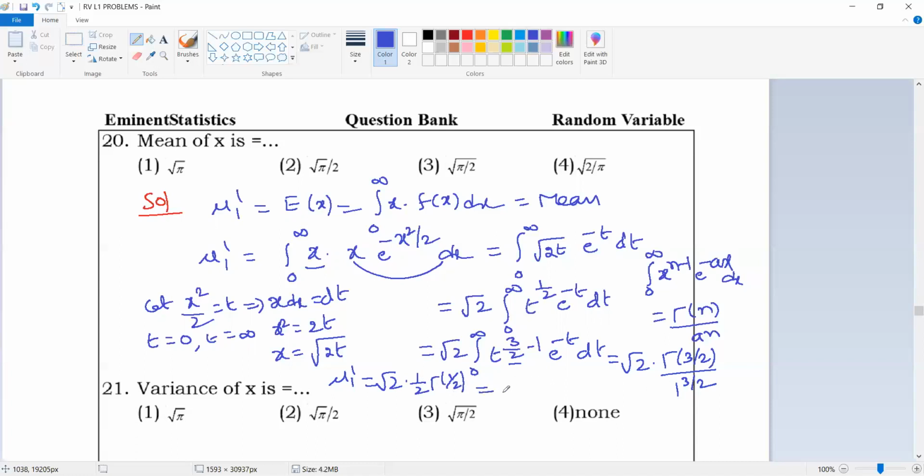That is equal to root 2 into half into gamma half, and gamma half is root pi. Already noted. Watch the random variable video lessons. So now root 2 by 2 gives what here? The mean value is equal to root of pi by 2. The third option is correct.